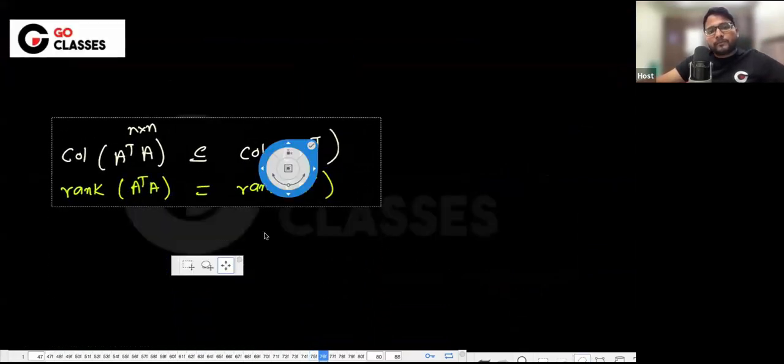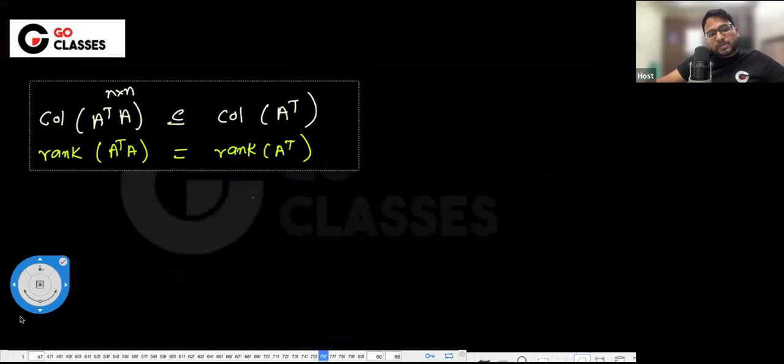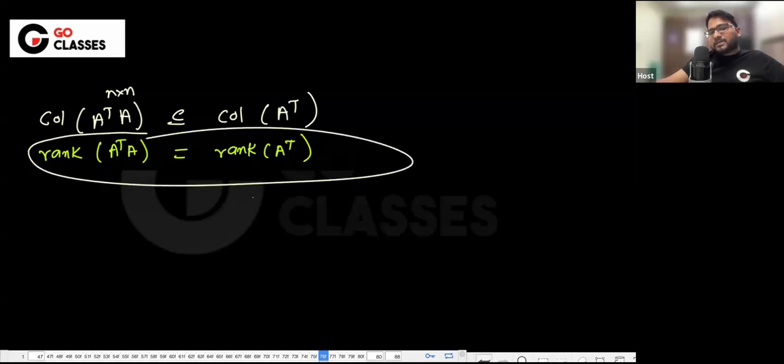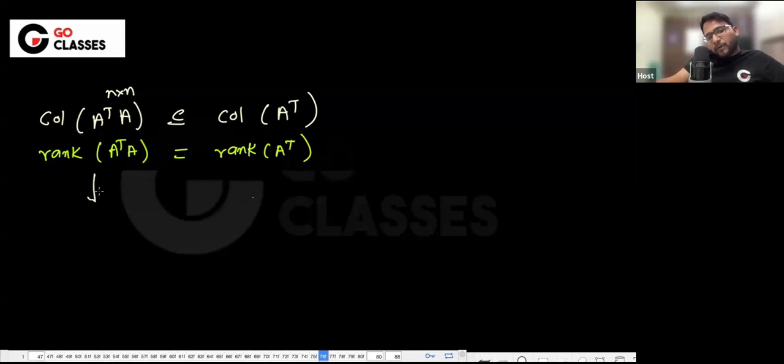It's not very hard. Just using these two, we can say that the ranks are the same. Let's not worry about the dimension of the column, it is consistent with both of these. The columns here are n dimensional, and here also the columns are n dimensional.